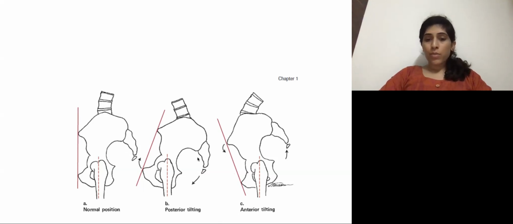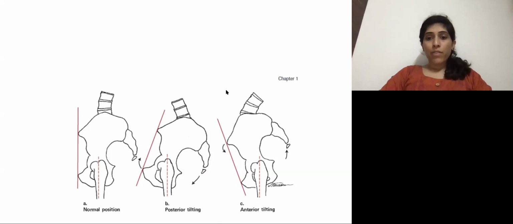First we'll talk about posterior tilting. In posterior tilting, the sacrum comes closer to the femur. This arrow indicates the direction of movement at the sacrum level. So the sacrum is moving towards the femur, whereas the pubic symphysis is moving upward, or in another way, the ASIS moves in the posterior direction.